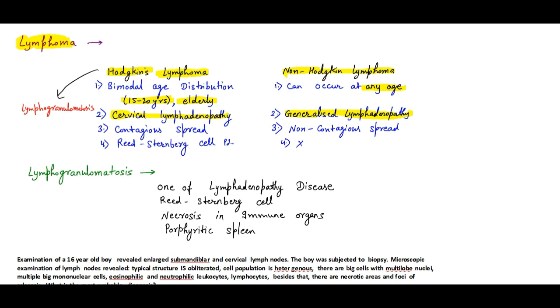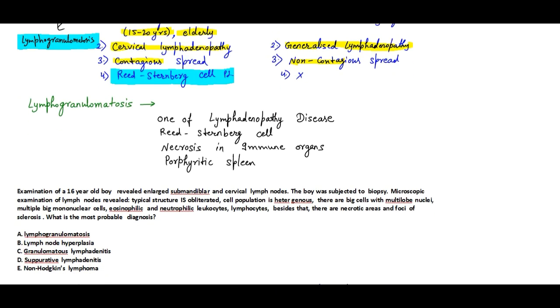Here the contiguous spread, and here the non-contiguous spread. Remember the unique feature for Hodgkin lymphoma, the main differentiating feature we can say, that is the Reed-Sternberg cell. Okay, and Hodgkin lymphoma is sometimes also known as lymphogranulomatosis. So what is lymphogranulomatosis? In lymphogranulomatosis, one of the lymphadenopathy diseases should be there, Reed-Sternberg cell should be there, necrosis in the immune organs and porphyritic spleen.